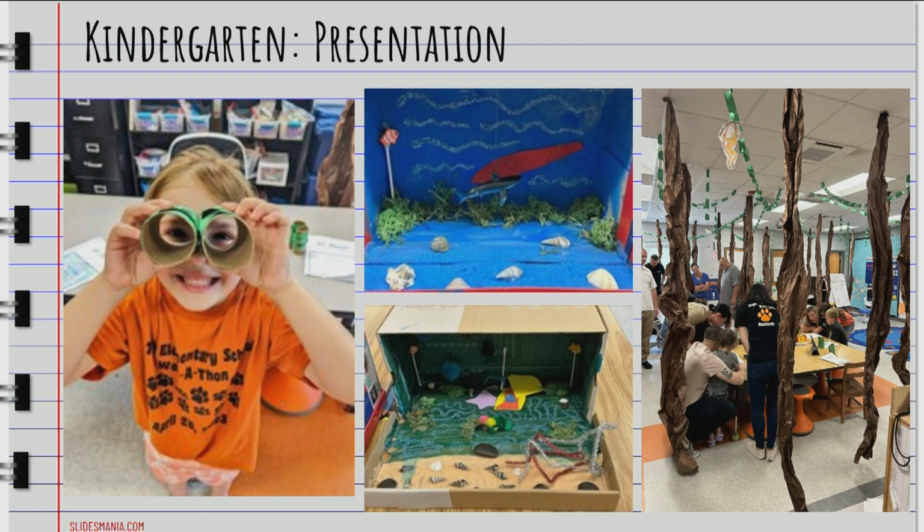Then we cut shapes from fun foam, twisted pipe cleaners, and glued pom-poms to create the needs of our animals. We chose items found within our habitat that our animal needs to survive to complete our habitat. We placed our chosen animal in its new home.